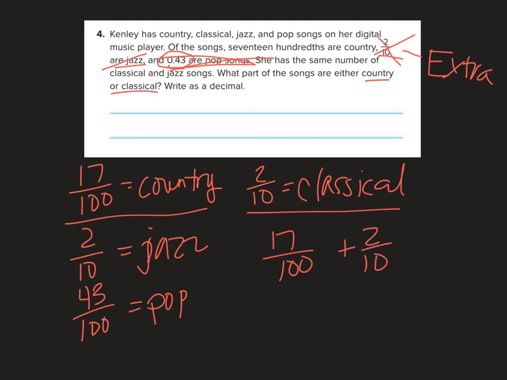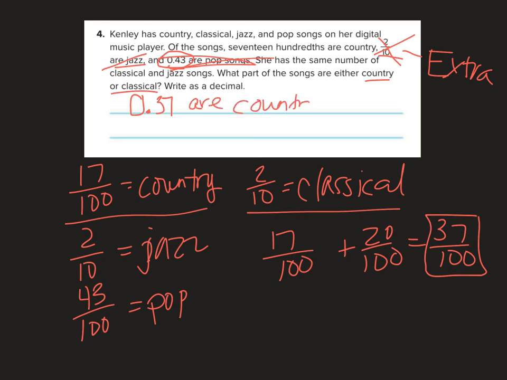Plus 2/10, I need to multiply by 10, multiply by 10. So I'm going to get 37/100 are country or classical. Okay, so now I need to write this as a decimal. So if I was going to write 37/100 as a decimal, it would be 0.37 are country or classical.